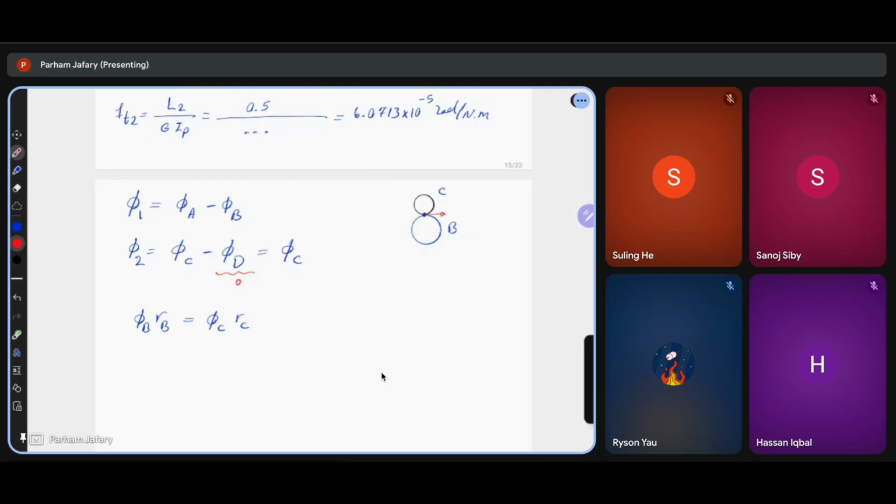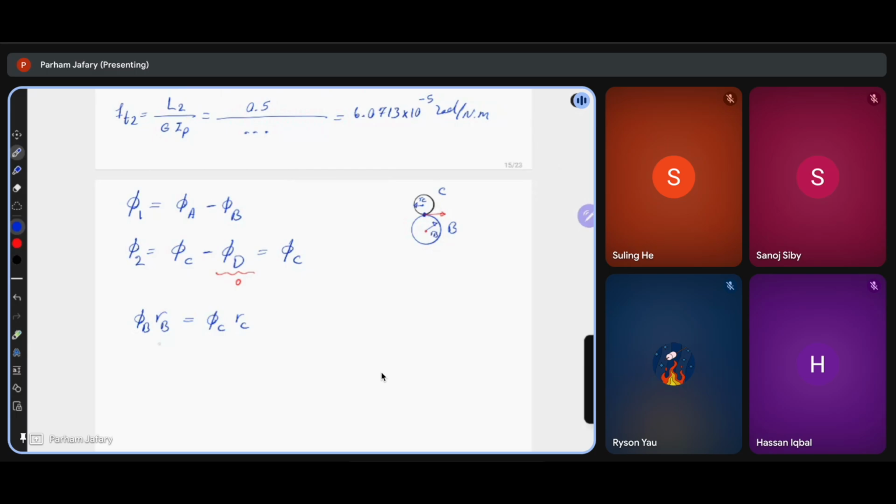Where's R? R is the radius of each gear. So this is RB, and this is RC. Okay? So rotational deformation times the radius gives you the linear displacement or the linear deformation. And because the two gears are meshed together, the linear deformation between them is equal to each other. Right?